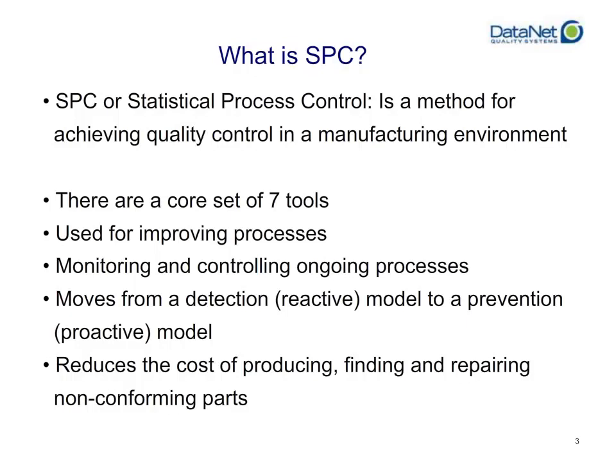SPC can have the effect of moving your organization, your manufacturing process, from a detection model where you're reacting to problems as they occur to a prevention model where you're proactively preventing problems from occurring in the first place.